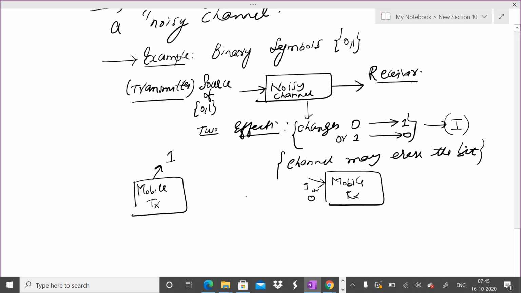How did this 1 get converted to 0? There can be several reasons. The wireless channel in between has so much distraction, and there is noise inside the receiver. Whatever the reason, in information theory we will never open these boxes. Rather, we will do something called statistical modeling.